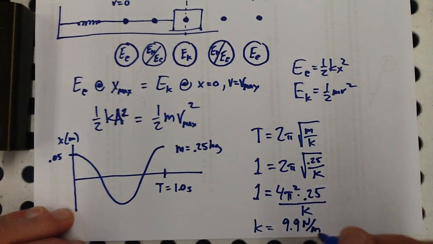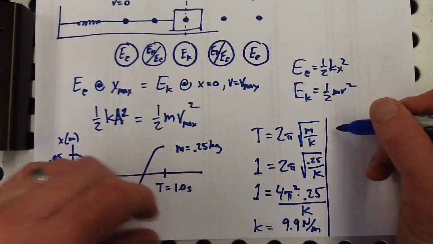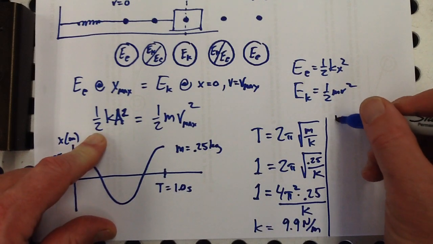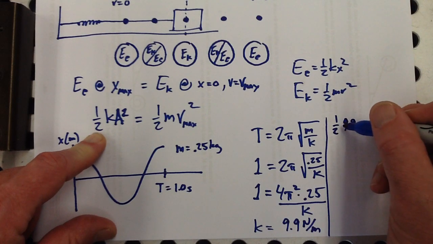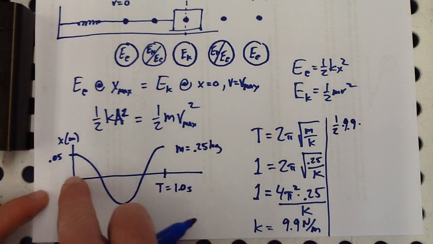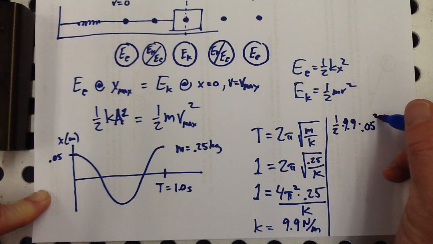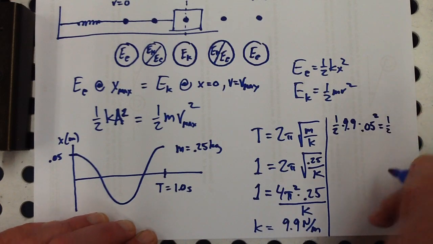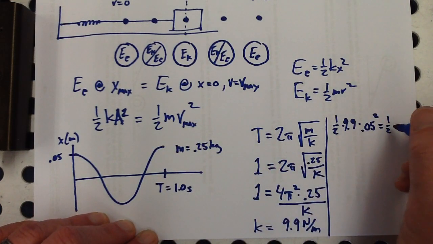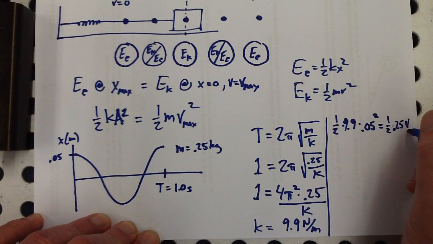And then now that we know that, I can also find my Vmax. So another little math problem here. So I know that 1/2 the k, which I now know is 9.9, times the amplitude, that's like the size of the oscillations, that's 0.05 squared, is equal to 1/2 times the mass of this thing, which is 0.25, times Vmax squared.